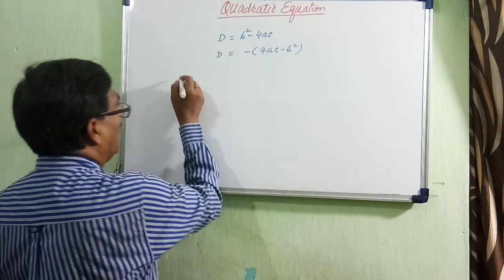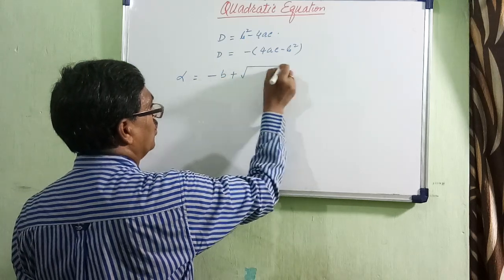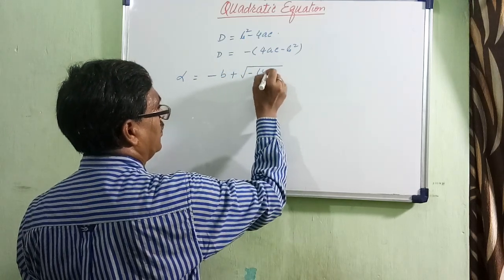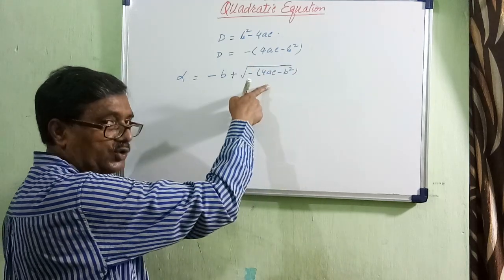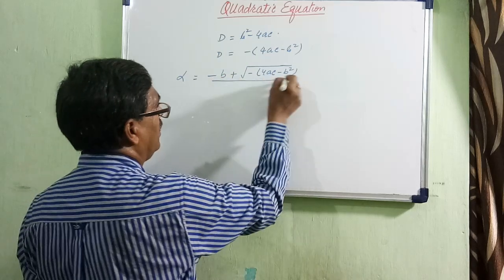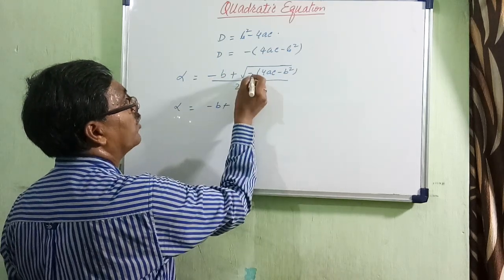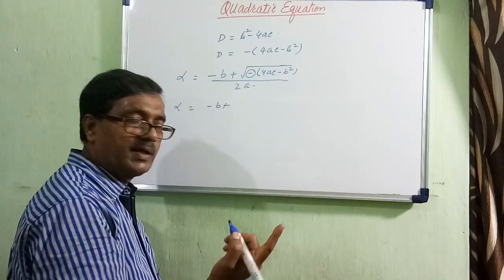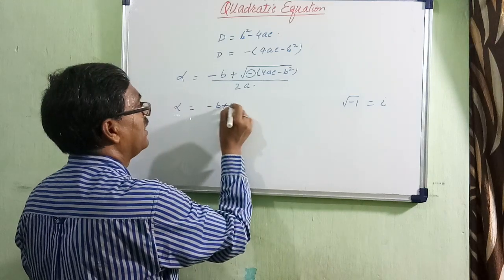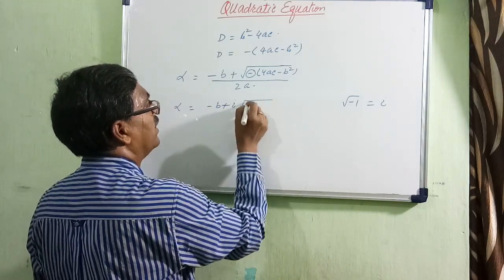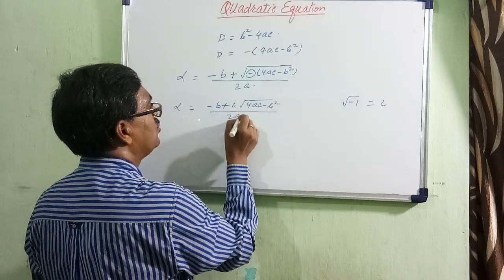So therefore alpha is equal to minus b plus root over minus of 4ac minus b square, this is your D, divided by 2a. So alpha is equal to minus b, and root over minus is equal to I, so you can say I root over 4ac minus b square, by 2a.